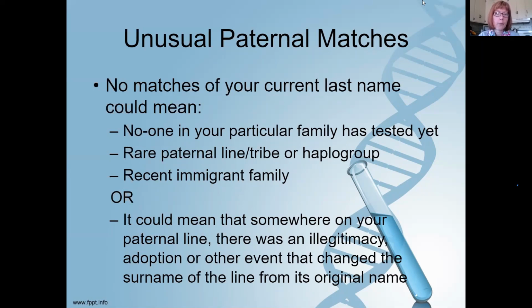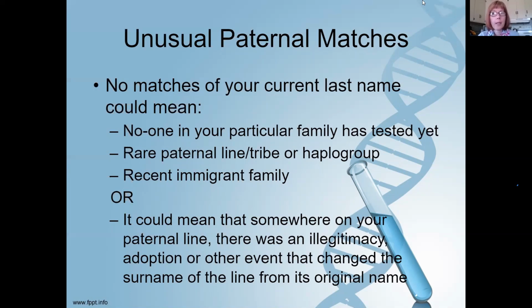It could mean you have a rare paternal line. It could mean you're a recent immigrant family. Let's say your dad came over here from the country of India. Well, most of your dad's matches then would be people in India still.